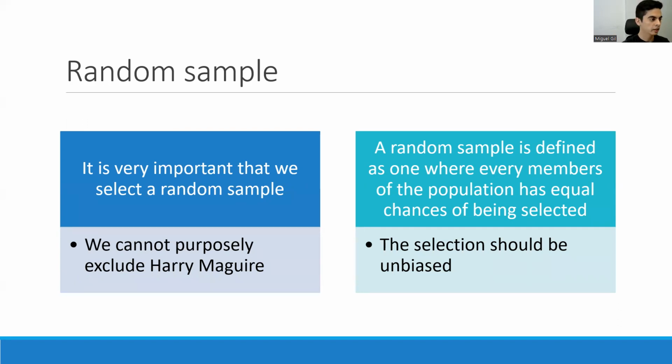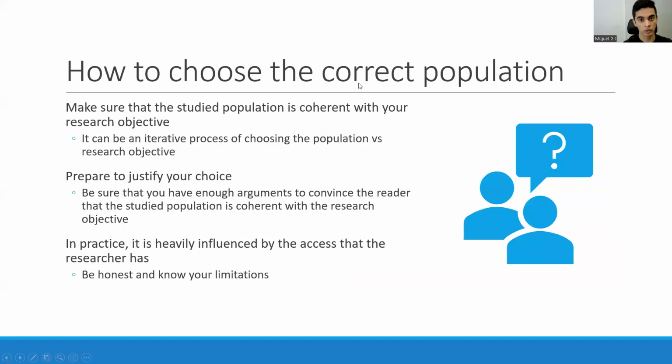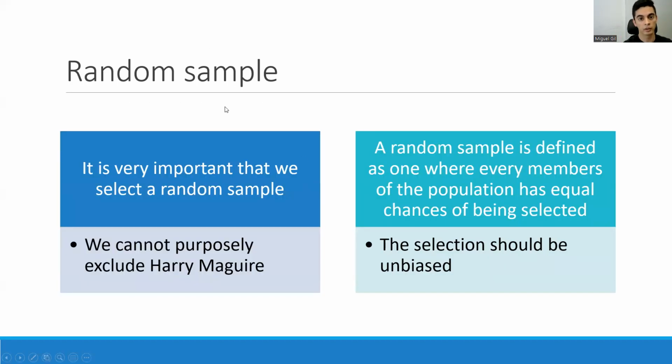The first thing I want to tell you is that when you choose the sample, a must is that it has to be randomly selected. There are some cases where you can choose who is going to be in your sample, but in 99% of the cases, once you have agreed on your population, you should select a random sample.